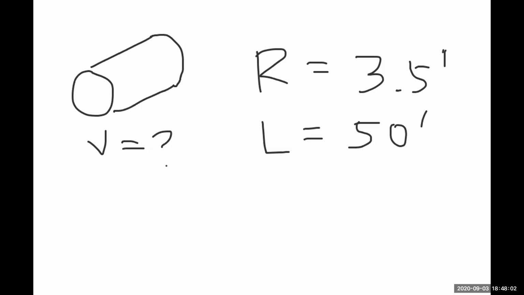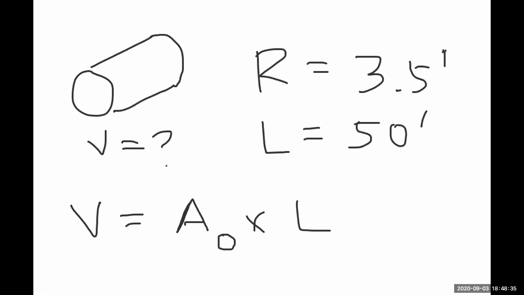Okay, so the volume is essentially the area of the circle times the length. So you're finding the area of that cross-sectional shape, multiplying it by the depth or the length of the pipe, okay? And here let's just assume we're talking about the inside of the pipe, the part of the pipe that holds liquid.